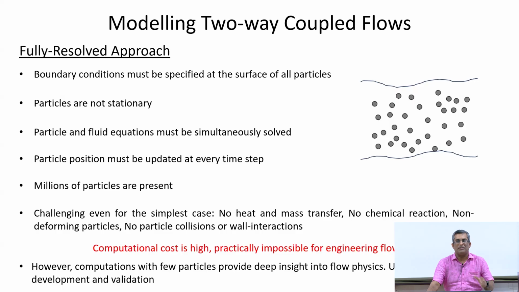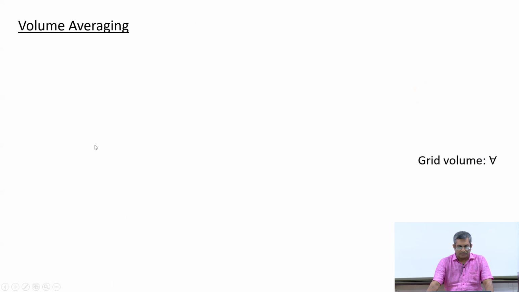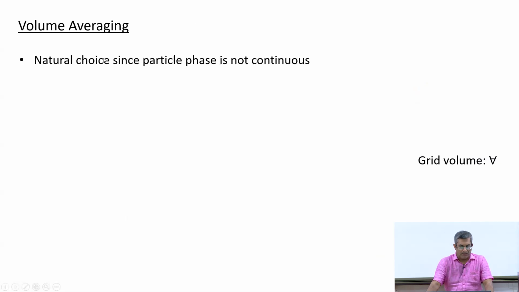So now, what is the way forward if we cannot use the fully resolved approach for practical cases? Let's see that. The other approach is volume averaging. So what is meant by volume averaging?